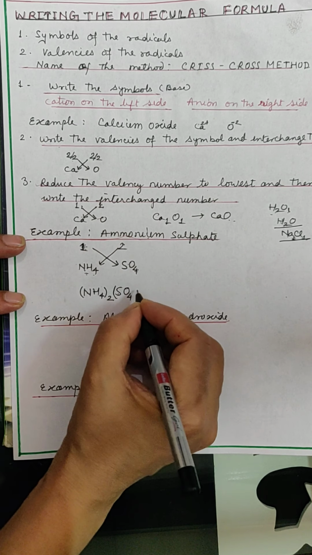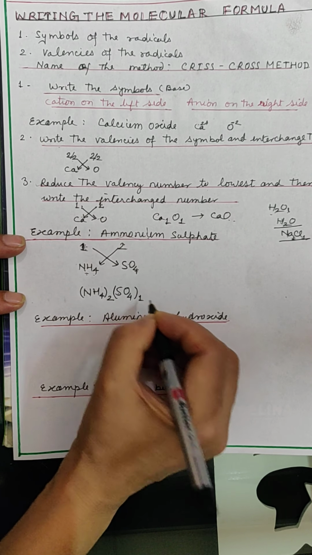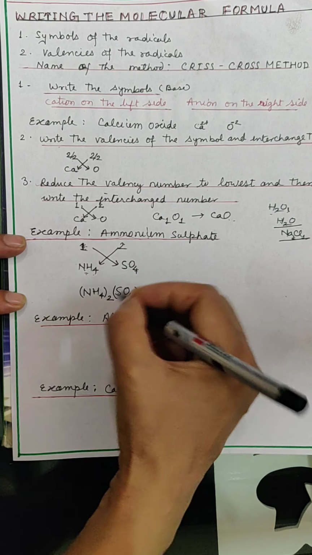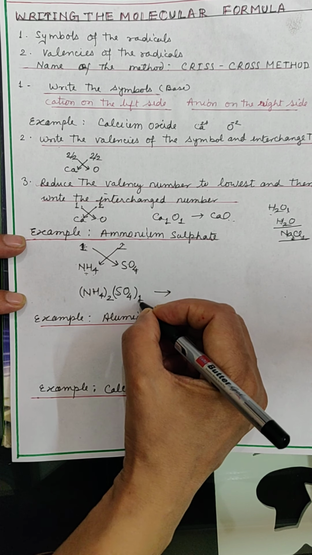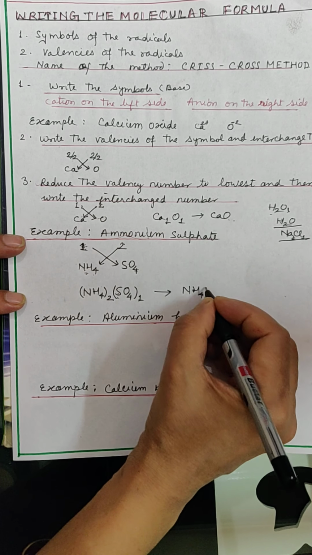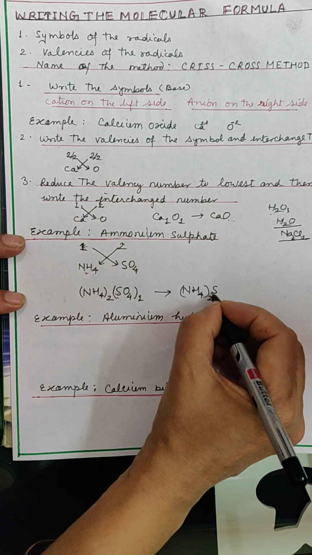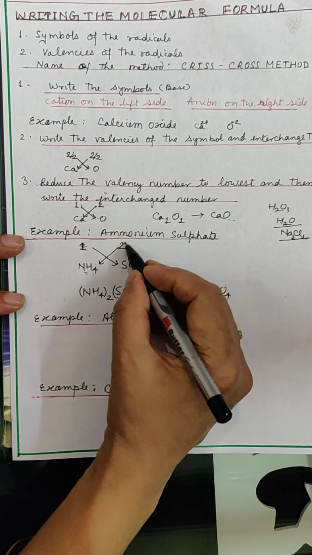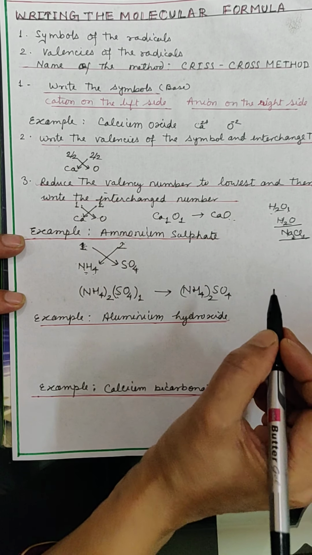Otherwise, if we wish, we can write (SO4)1 as well, but in the next step we will cancel the 1 and so the bracket. Finally the formula will become (NH4)2SO4 for ammonium sulfate.